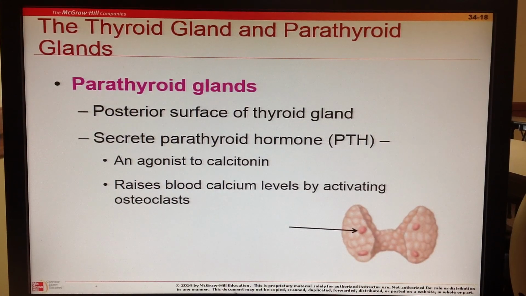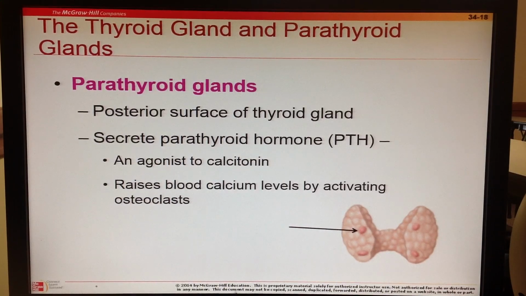Parathyroid hormone is all about increasing calcium levels. So if your body notices it doesn't have enough calcium, it'll start releasing PTH, and thus it'll go to osteoclasts. Osteoclasts will go to bone and start breaking down bone to release calcium. So you've got to drink your milk or eat your dairy or have your leafy green vegetables so you get enough calcium.